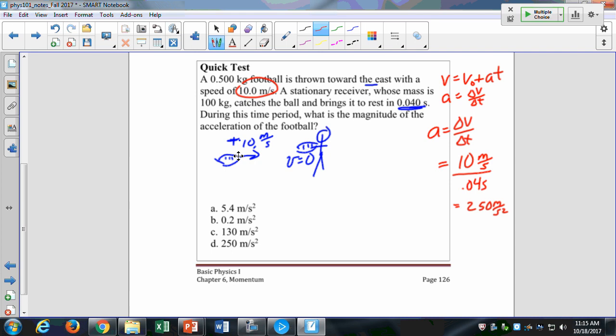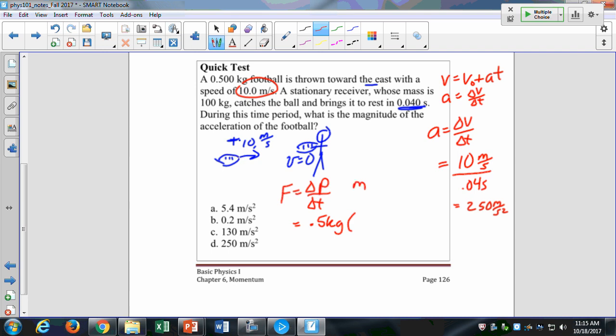However, let's say that I also wanted to approach this from a momentum standpoint. I could say that F is equal to delta p over delta t, and I can figure out the force that acted on the football. That's going to be half a kilogram, 0.5 kilograms, times my change in speed.